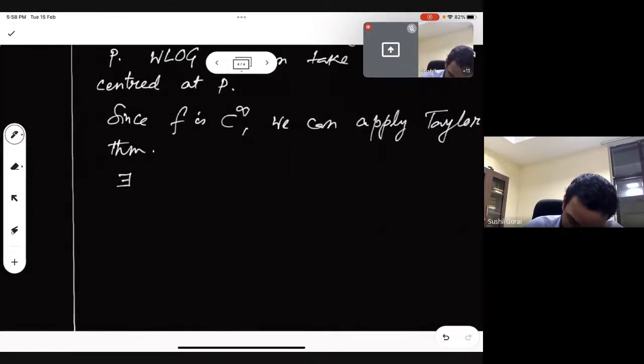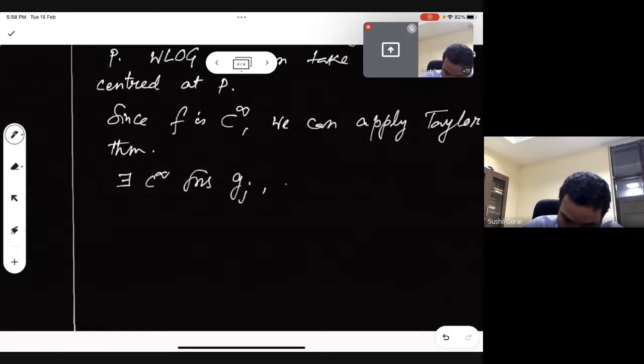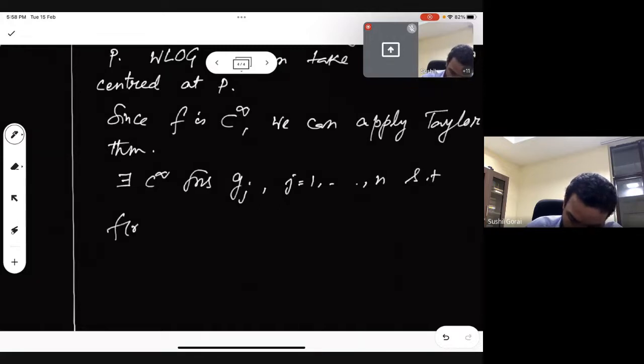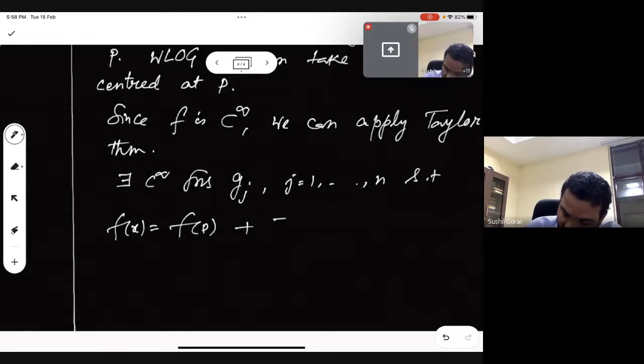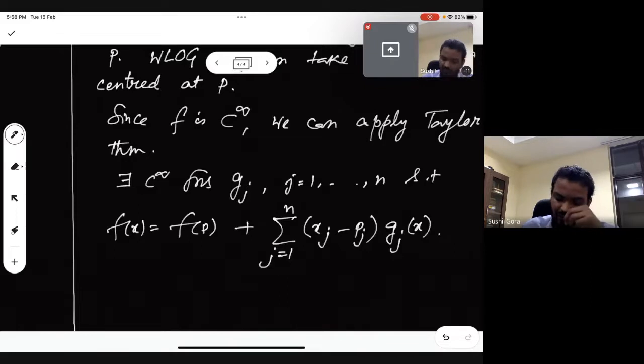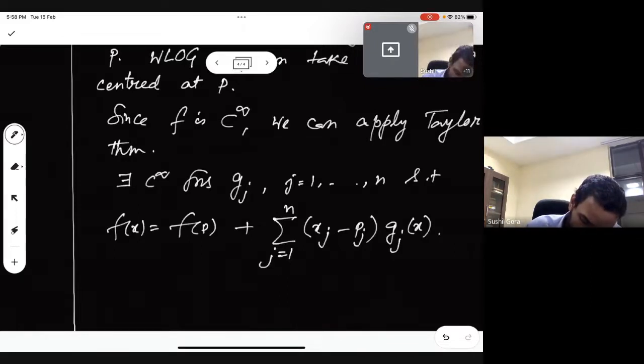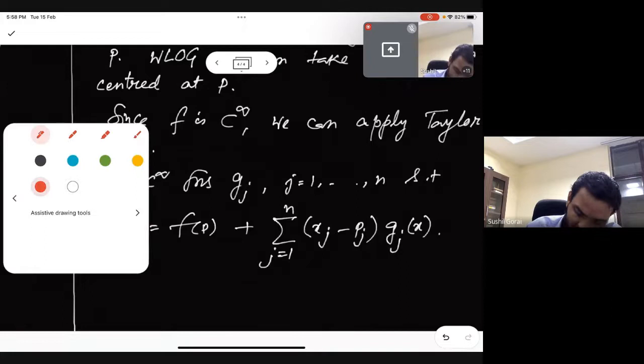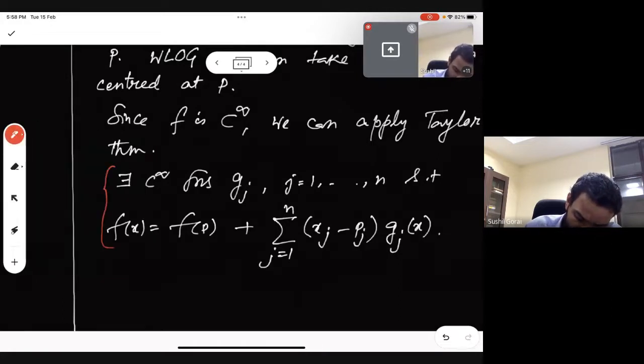There exist C infinity functions gj, j from 1 to n, such that f(x) equals f(p) plus summation j from 1 to n of (xj minus pj) gj(x). This is by Taylor's theorem.